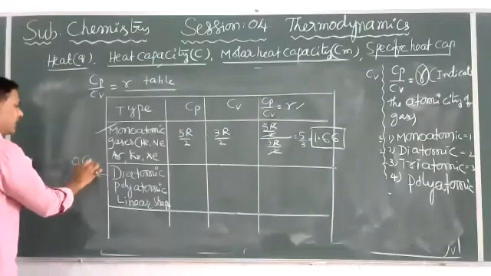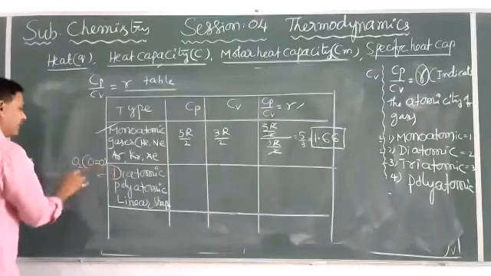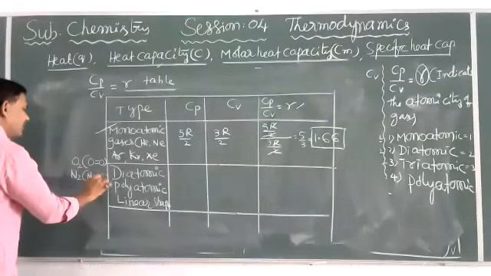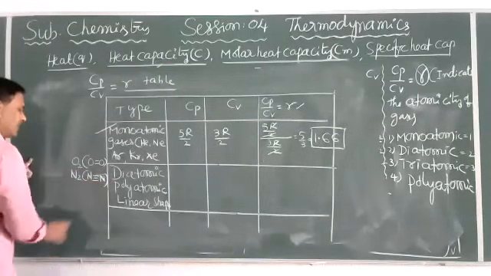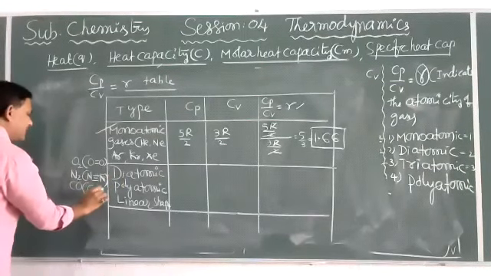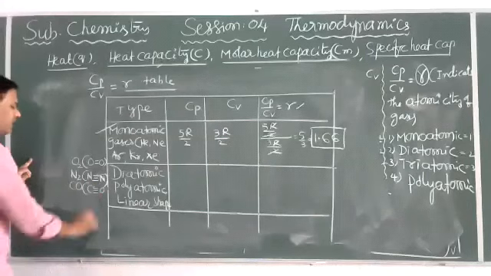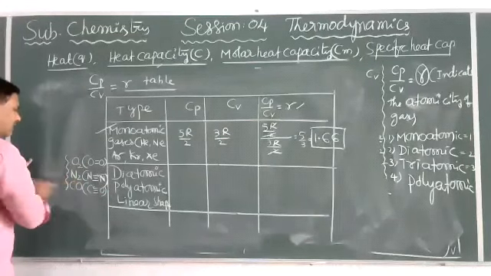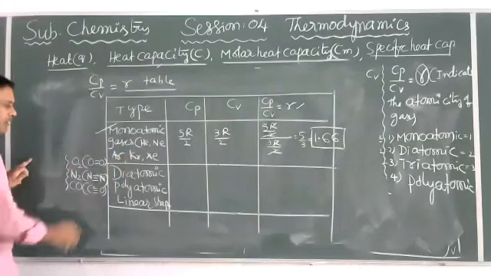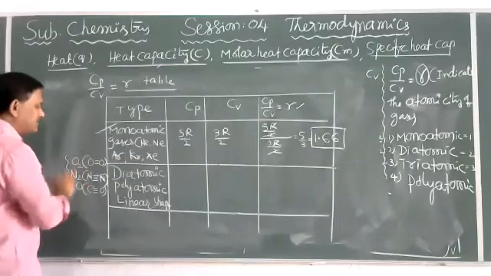O2 is linear in shape. Here N2 is a linear shape. Two atoms are there. Carbon monoxide, that is a triple bond, coordinate bond like. These are the diatomic and linear in shape. Linear means your bond angle is 180.